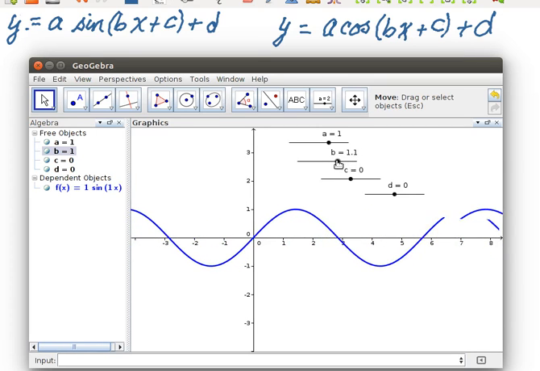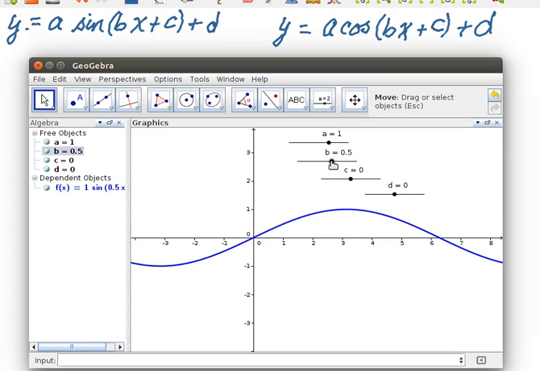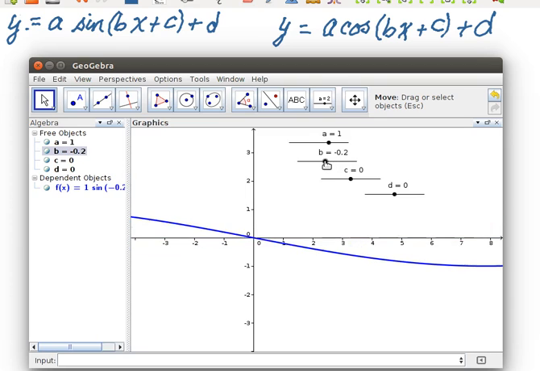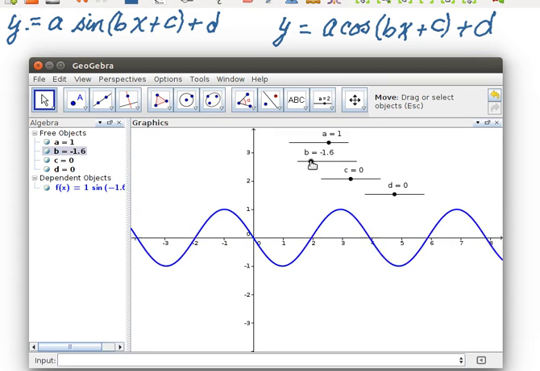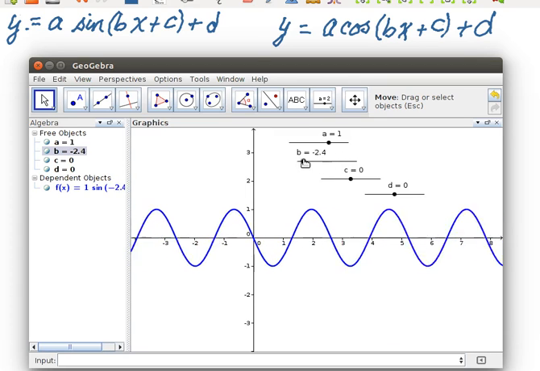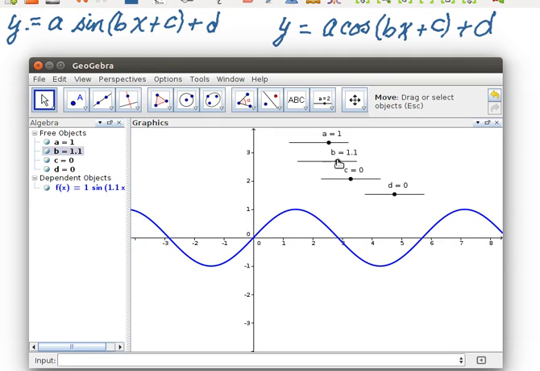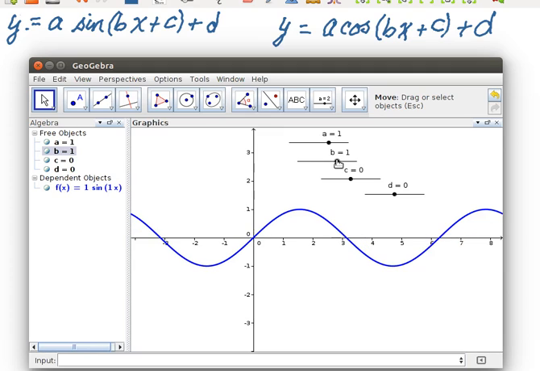If we stretch it back out, bring it to 0, then over here it's just squishing the other way. So when b is equal to 1 and a is equal to 1, we just have y is equal to sine, but b does some squishing to the right as it gets bigger.